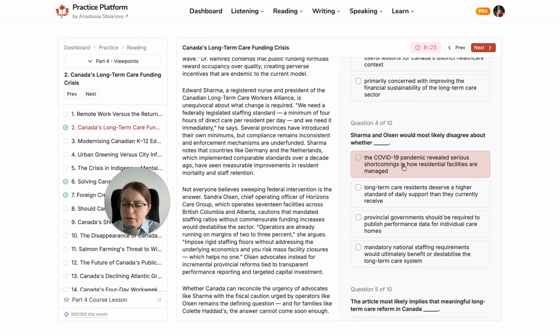Is it about the COVID-19? Was it the main focus of the question? Probably not, right? "Long-term care residents deserve a higher standard of daily support." But remember, the question is disagree. "Provincial governments should be required to publish performance data for individual care homes."